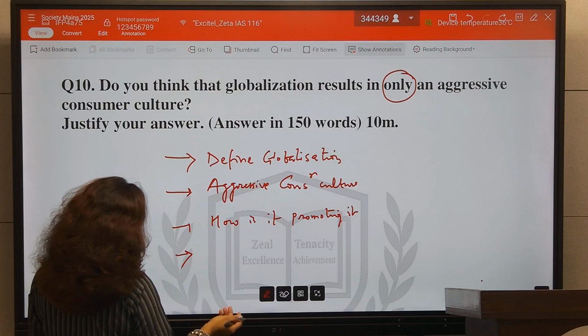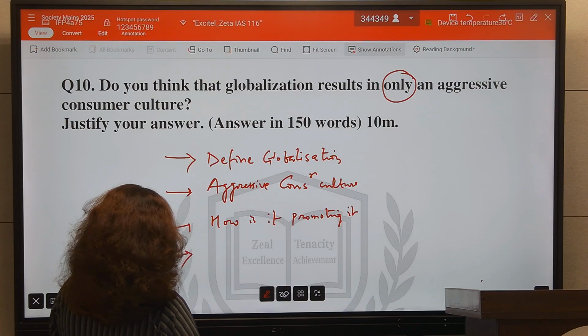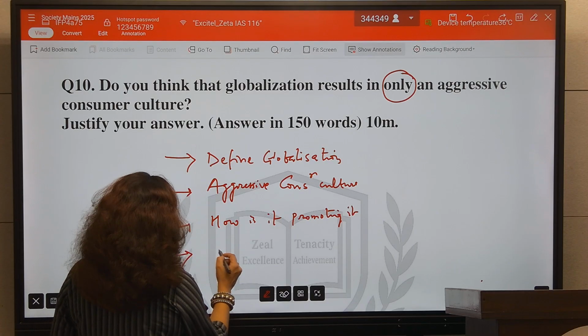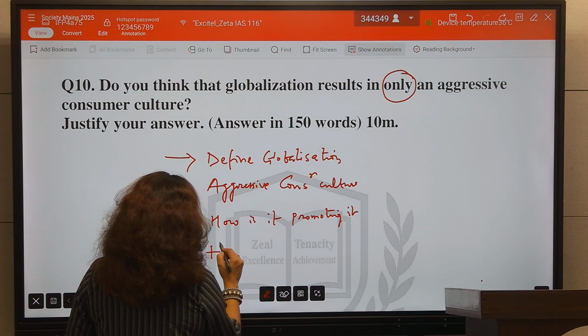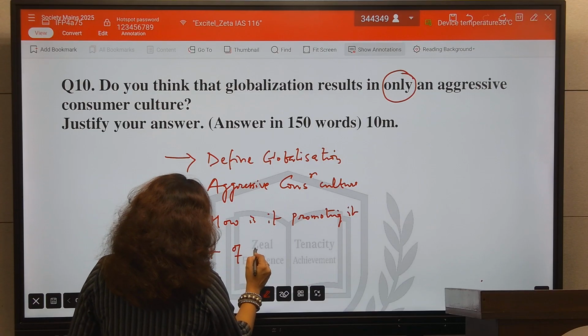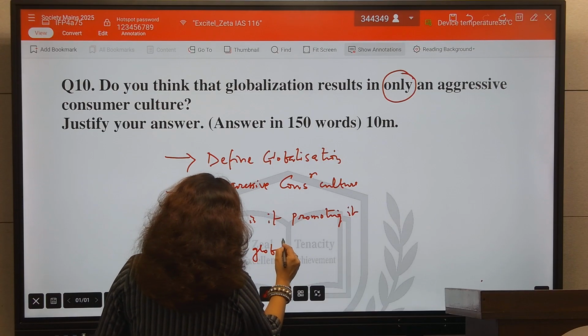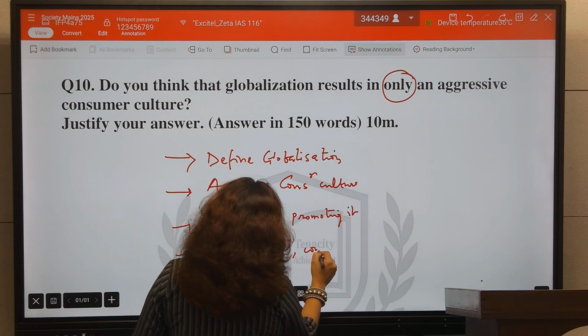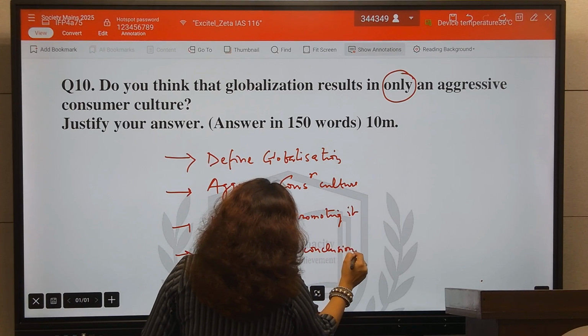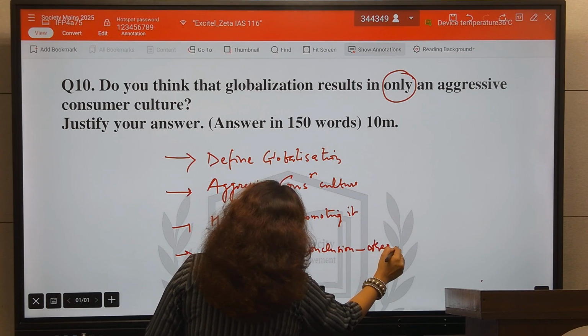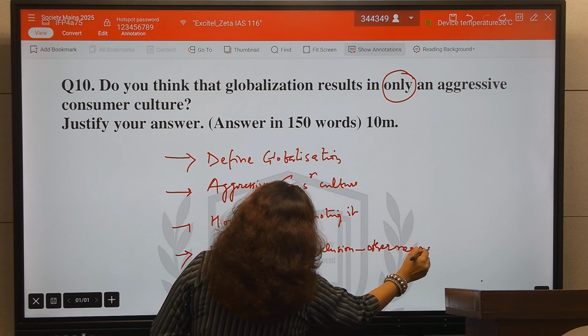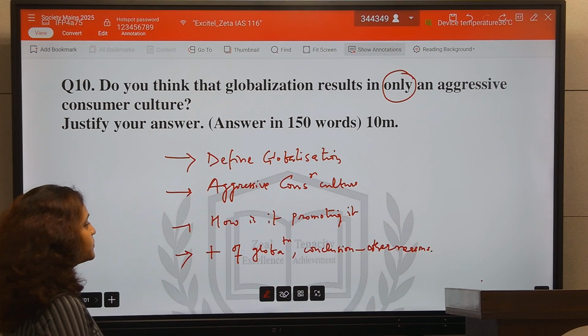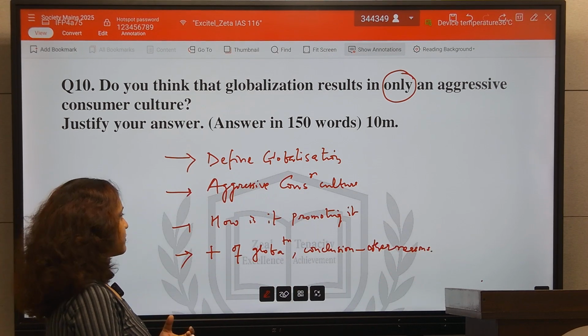You may also write the plus points of globalization, and in conclusion you can mention other reasons. This is going to be your structure for 150 words, 10 marks.